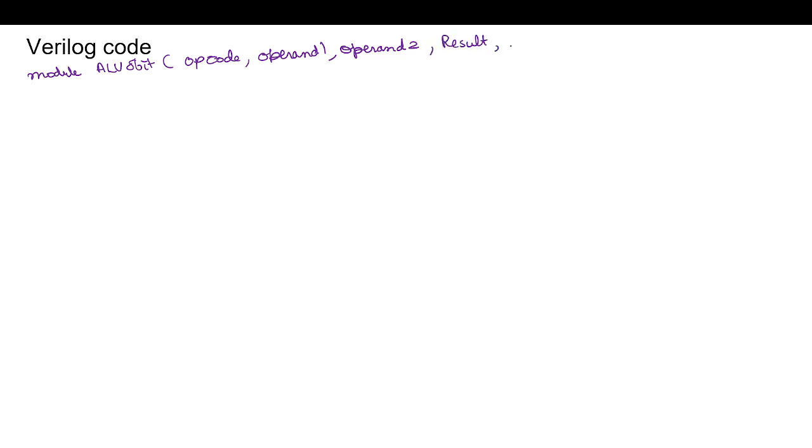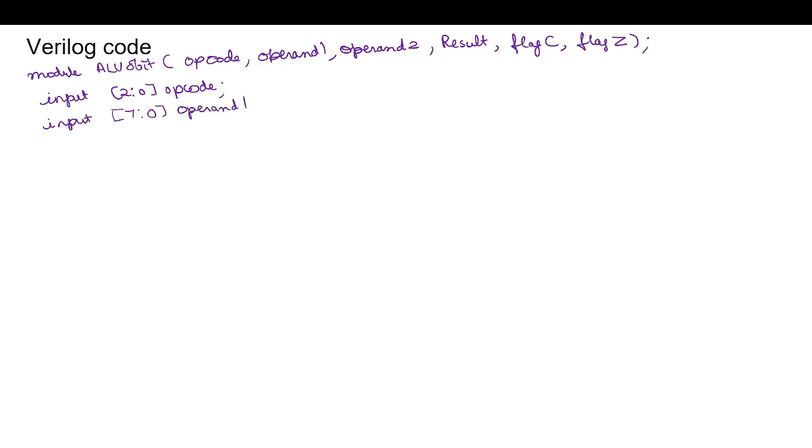Also we have two flags, flag C, flag Z. Now we have to define the inputs. Opcode is a 3-bit value, and operand 1 and operand 2 are 8-bit values.